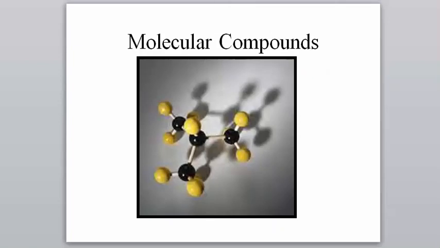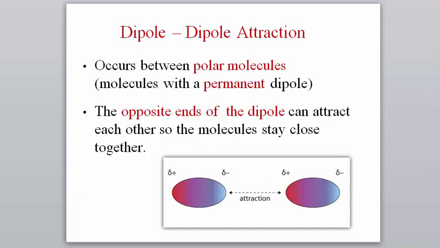Your molecular compounds have far more choices of the type of intermolecular forces. So let's look first at one of the strongest, which would be your dipole-dipole attraction. These are your polar molecules, so dipole-dipole means two poles, so these are polar molecules.